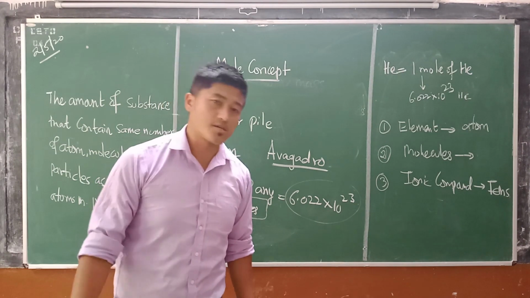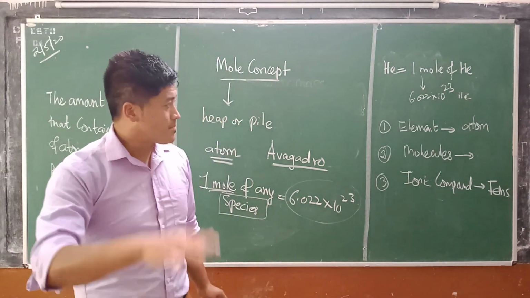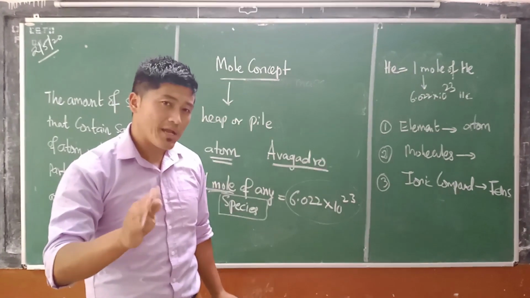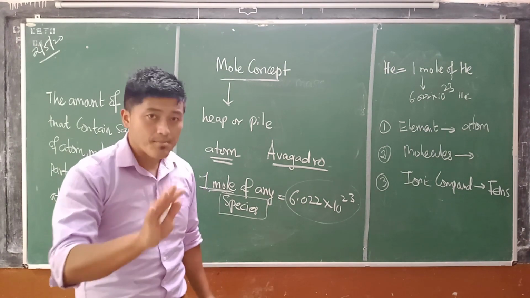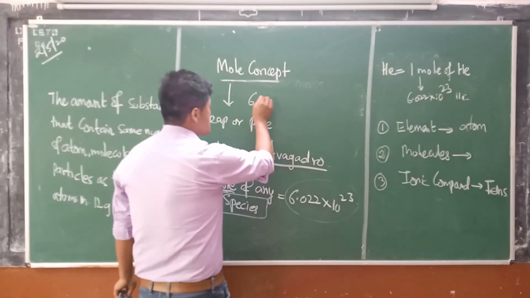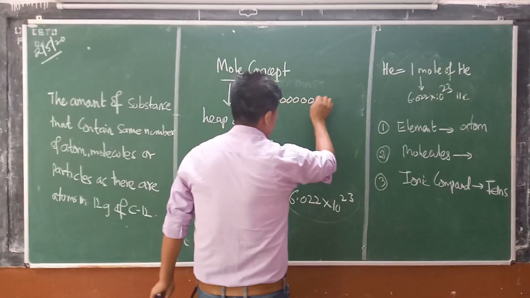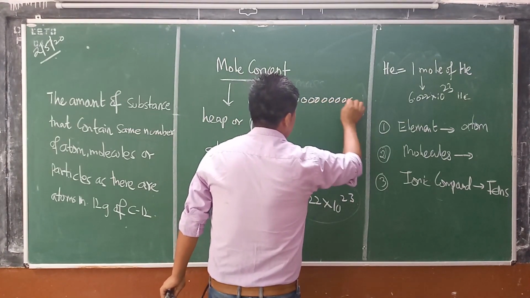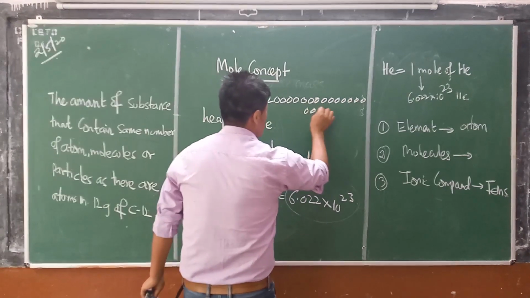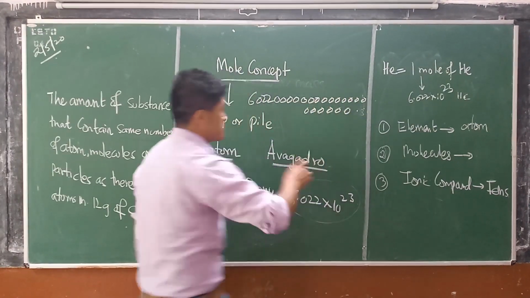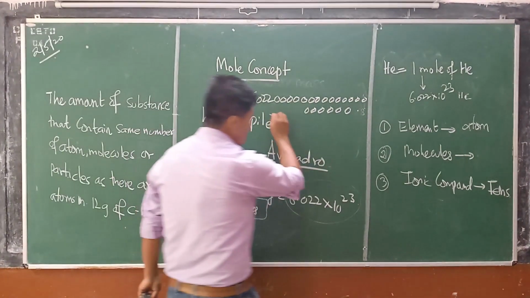You are not wrong in that. But if you ask the store owner that you need 1 mole of chocolates, that means you are asking for 6.022 into 10 raised to power 23 chocolates.